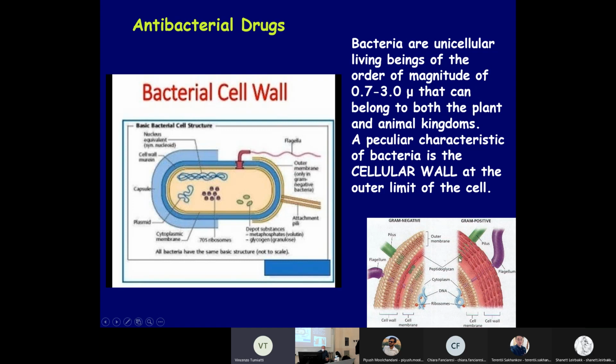You also know the difference between gram-negative and gram-positive. Gram-positive bacteria have an external cell wall, very easy to reach.